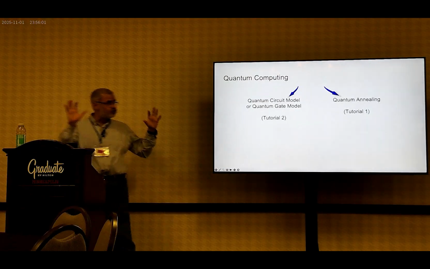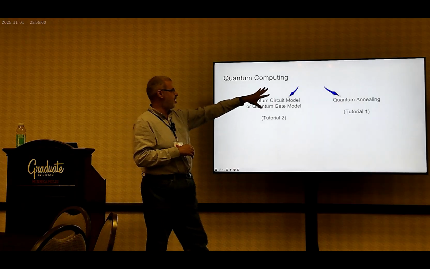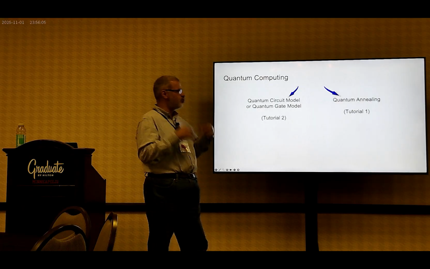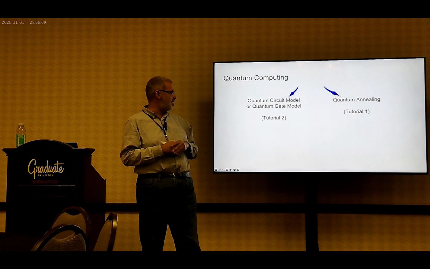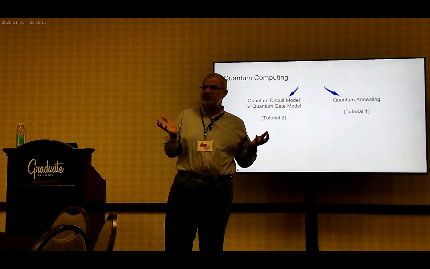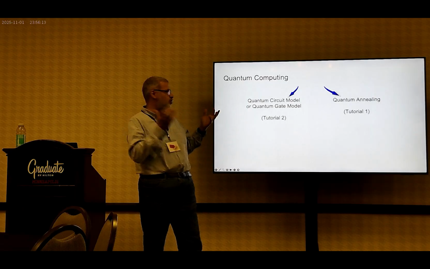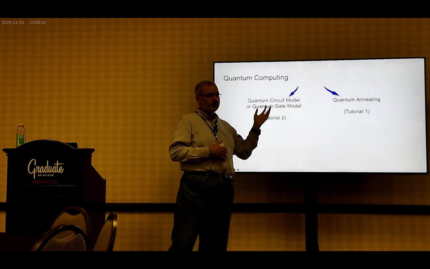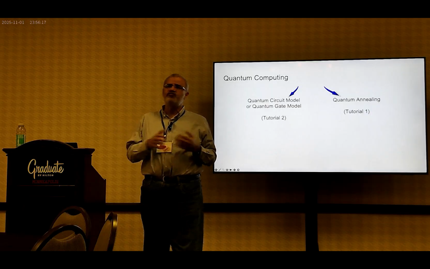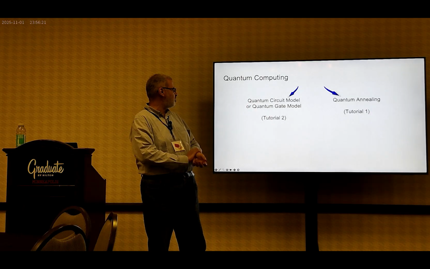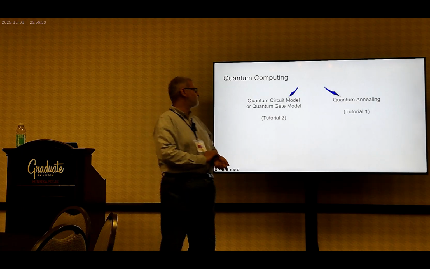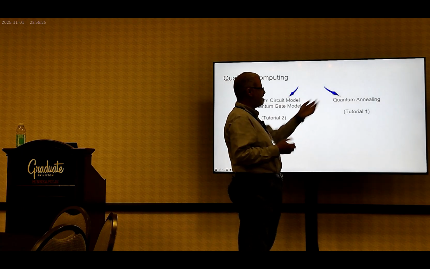Currently, in quantum computing, we have 2 main branches. These 2 branches fall under quantum computing or quantum algorithms. The quantum circuit model, you can think about it as the general quantum computing programming. This is what quantum computers are. If you want to have a general algorithm for quantum computing, this is what people use. It's the quantum circuit model or quantum gate model. But there is also quantum annealing.